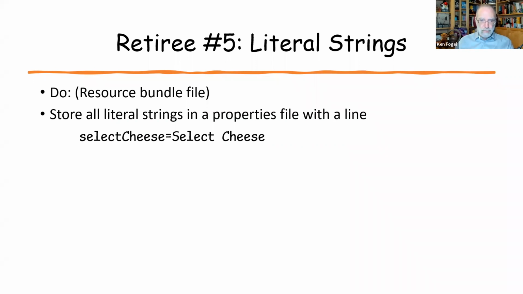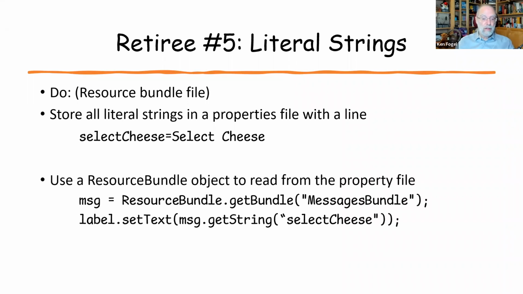The code base remains the same, but the language changes. So with a resource bundle, I can first assign the bundle to a variable. So here I'm assigning it to MSG. And now I'm in a position to get the particular key.